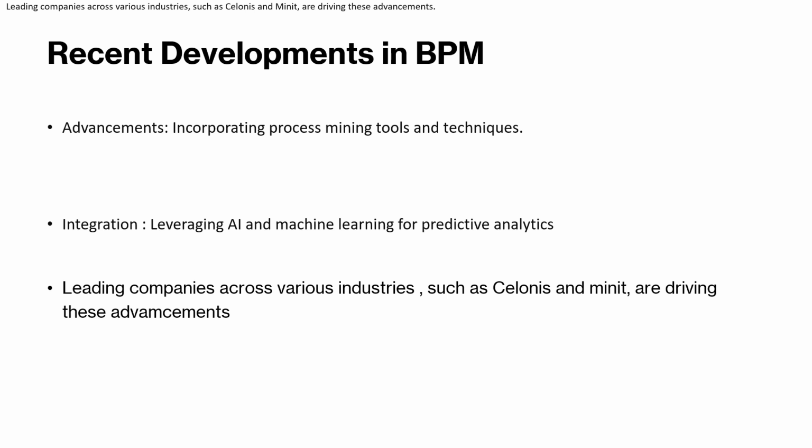Integrating AI and ML with process mining enhances predictive analysis, allowing organizations to forecast trends and make data-driven decisions. Celonis and Minit offer platforms that combine process mining with AI and ML to drive continuous improvement and strategic success.